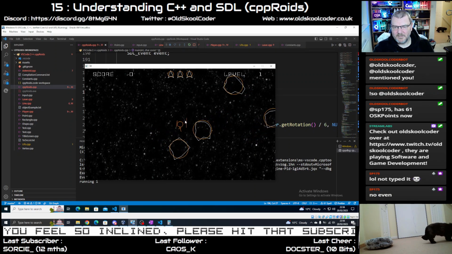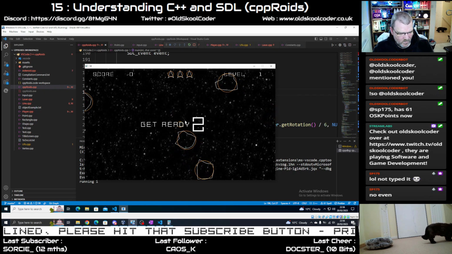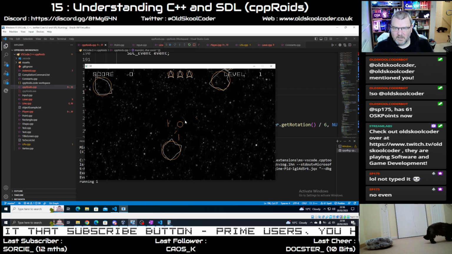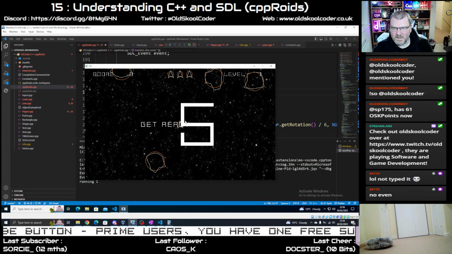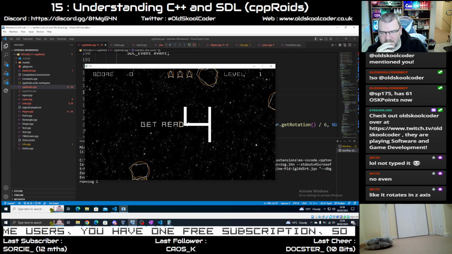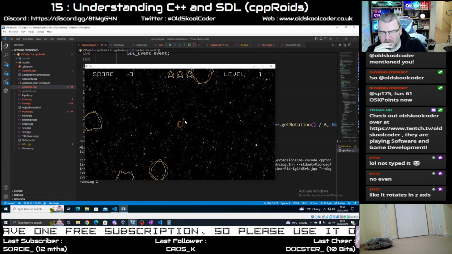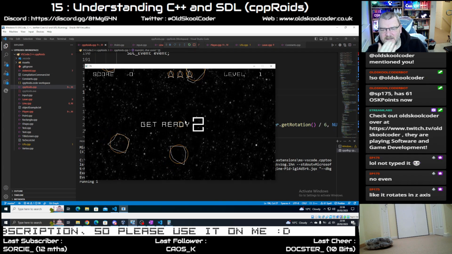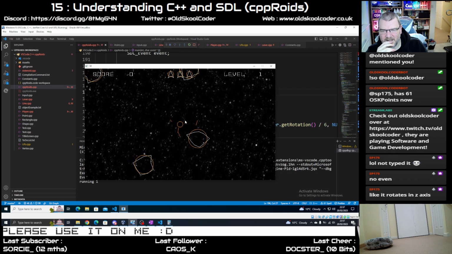Right. There's some rotation going on, isn't there? The lines are changing. They are exploding now from the right place. It's just that the lines are changing length.